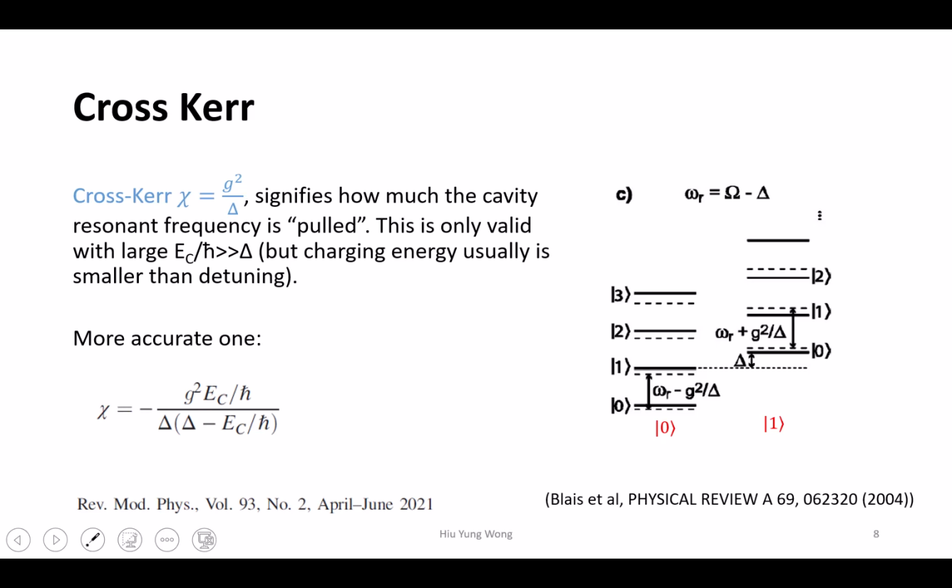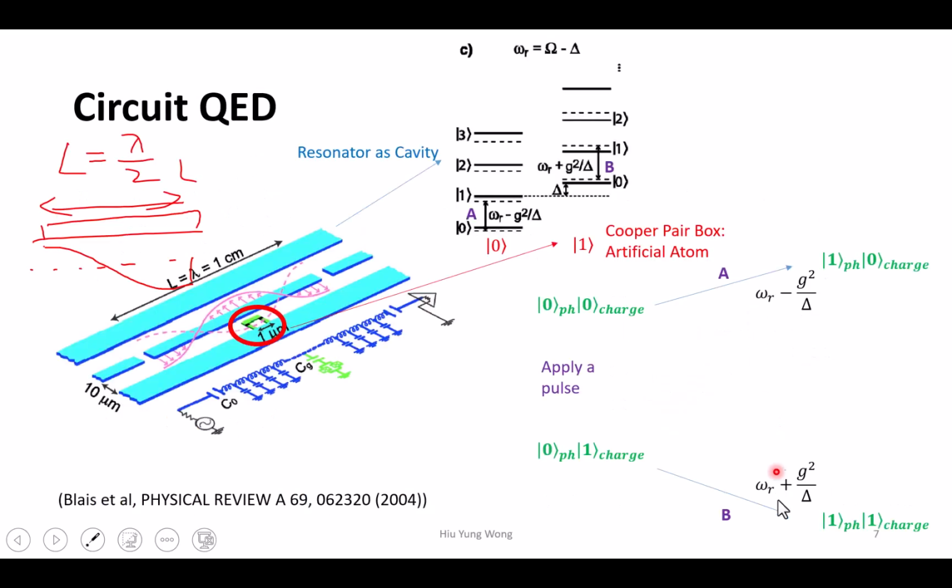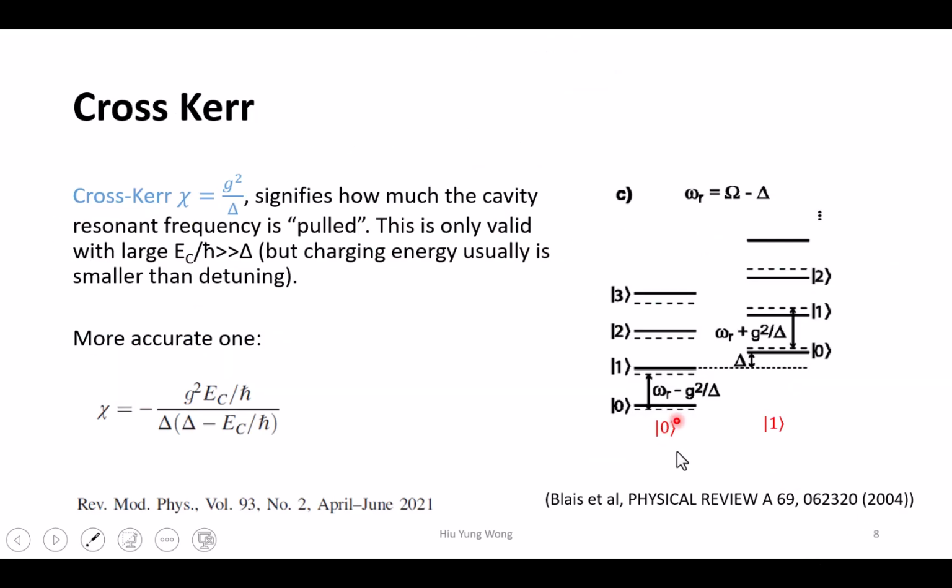Can you explain this cross curve? Again, what is g squared divided by delta? It goes into these two equations, right? It's going to see how much energy I need in order to inject one more photon when the state is 0 in the transmon. And it is omega r, the original resonant frequency, minus g squared divided by delta.